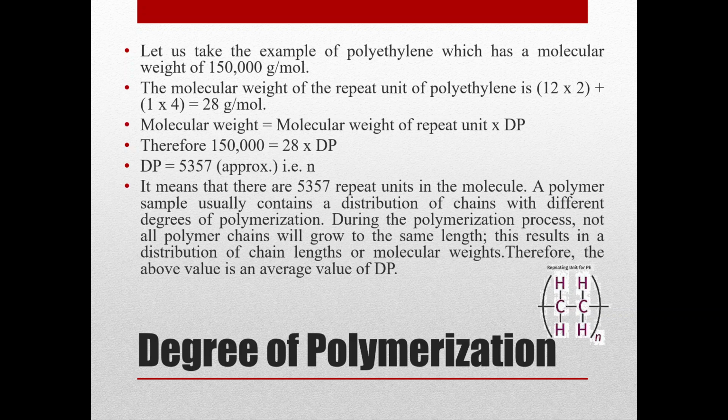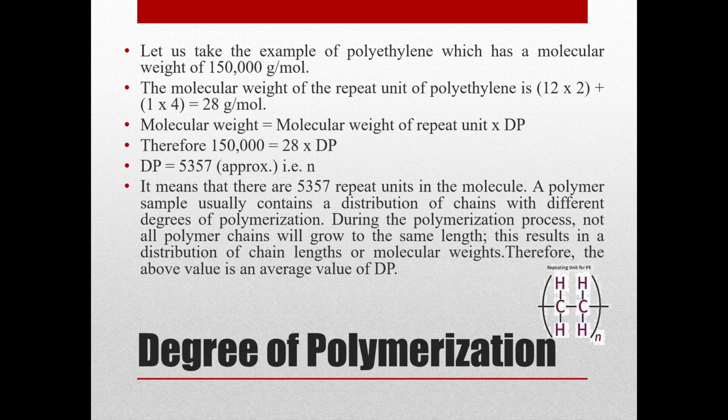A polymer sample usually contains a distribution of chains with different degrees of polymerization. During the polymerization process, not all polymer chains will grow to the same length. So we cannot say that in a particular polymer, all the molecular chains will have the same repeat units or the same dP, that is 5,357.